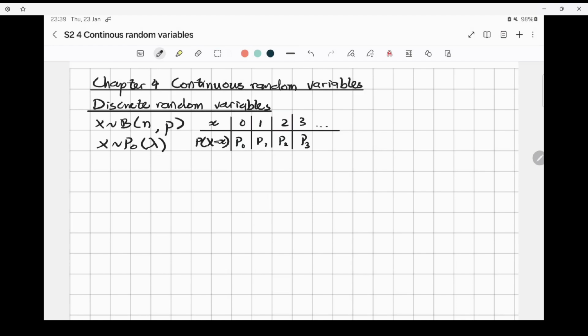And previously, in S1, we touched a little bit on all these P0, P1, P2, and P3, and so on. So this can be given by a function called the probability mass function, whereby you are given a function and then you give the values of let's say x equals 0, 1, 2, and 3, and it will determine the probability.